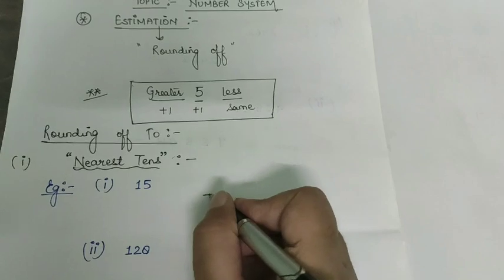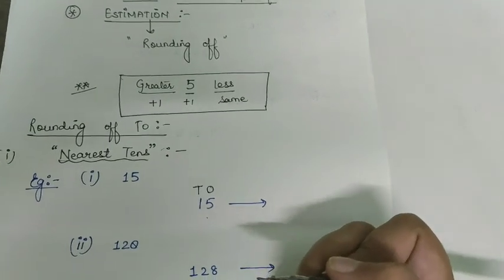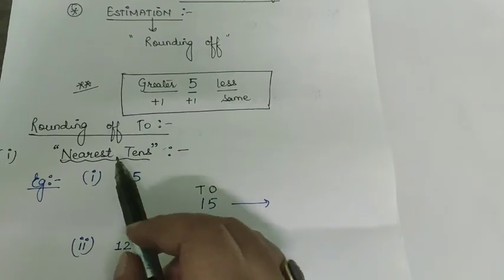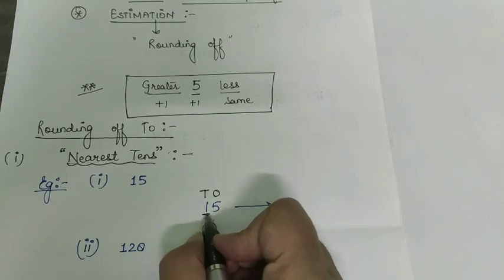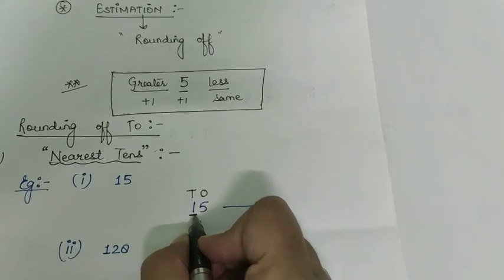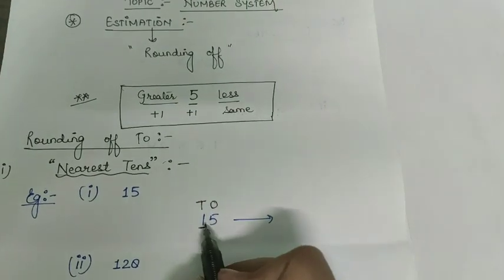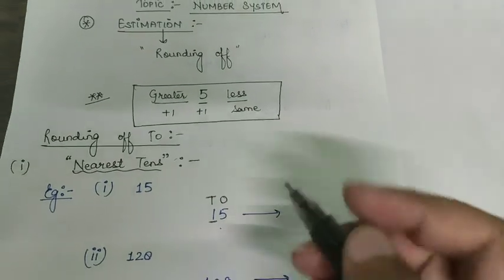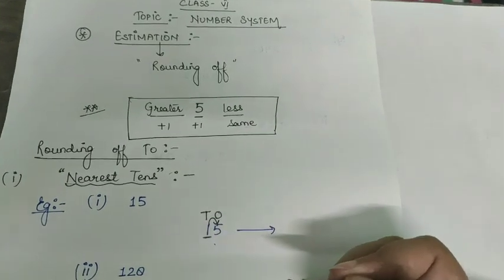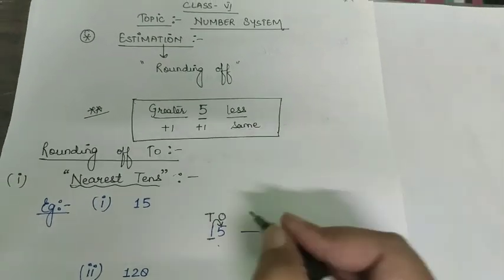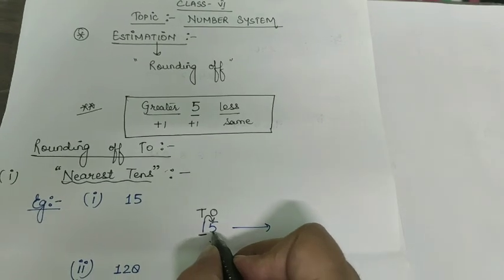This is ones and this is tens. Now I have to round off to the nearest tens, so I will see the tens place. At the tens place we have 1, the number which is to be rounded off. We see the number behind it. We have 5 behind it.